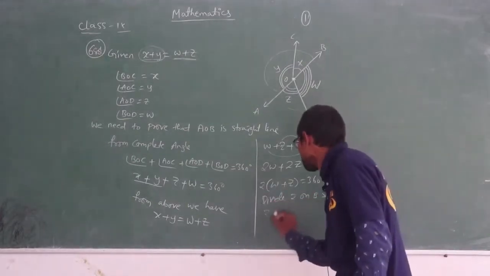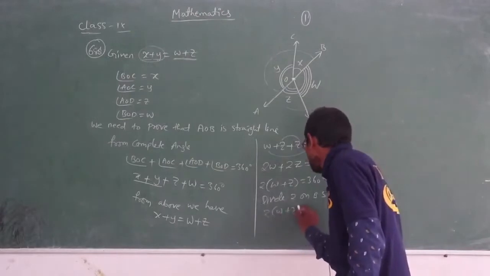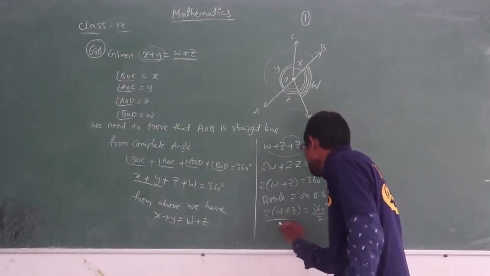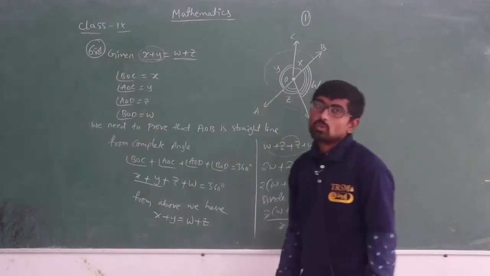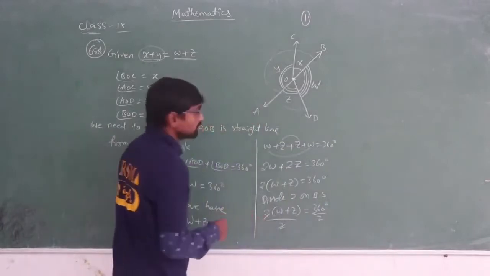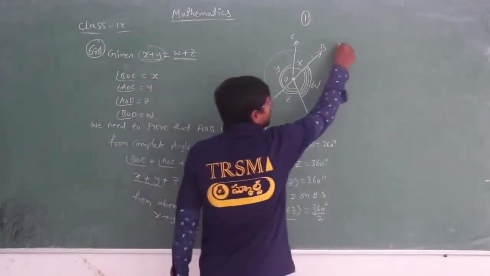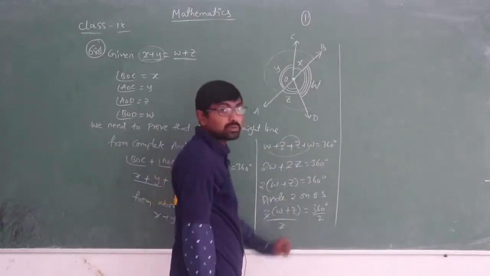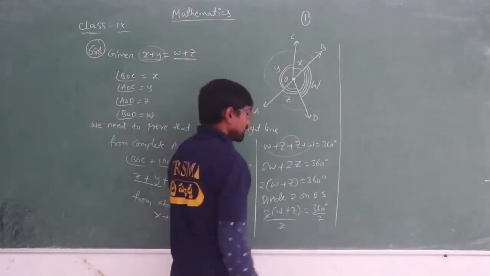So I am dividing by 2: w plus z is equal to 360 degrees divided by 2. 2 divided by 2 is 1. Similarly, 360 divided by 2 will be 180 degrees.